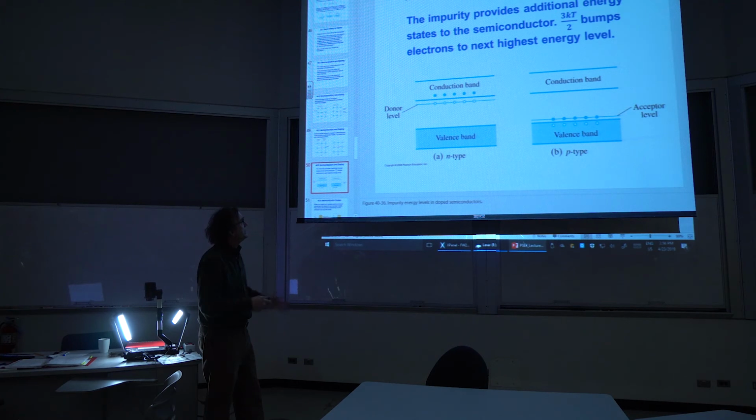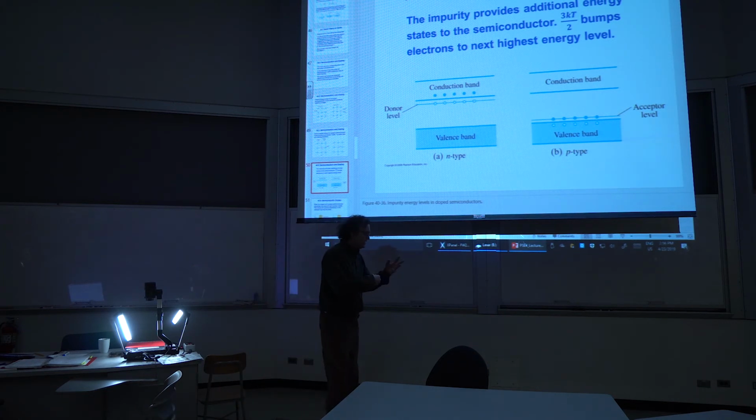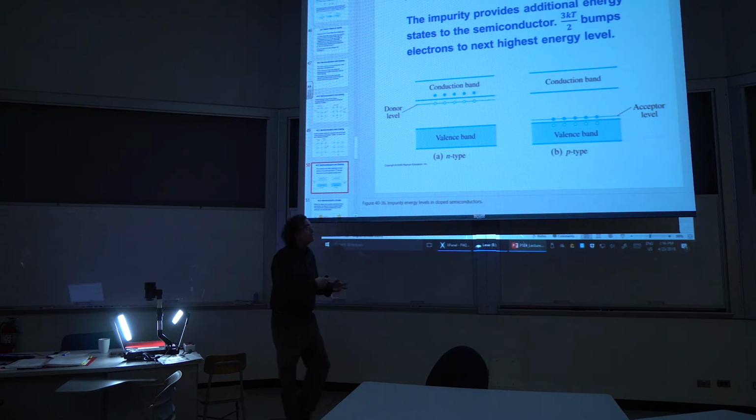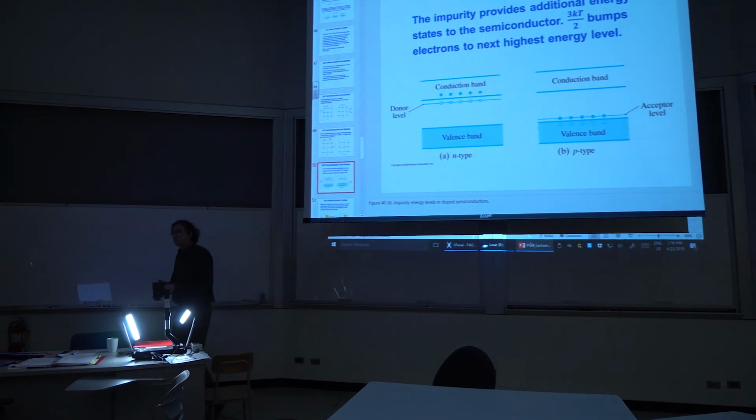So one type is called the n-type, which has an impurity with an extra electron, and the p-type has an impurity with a hole, or the absence of an electron.